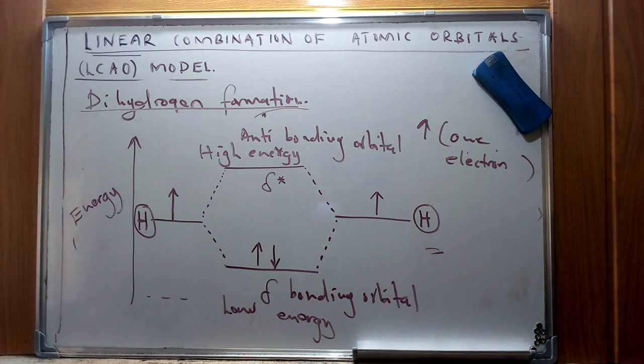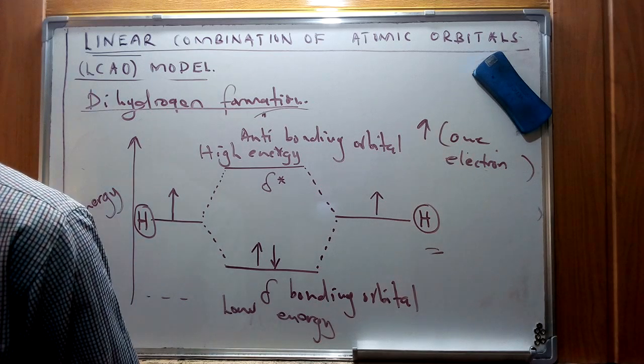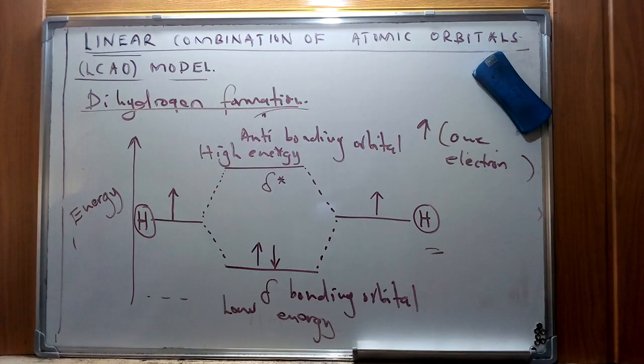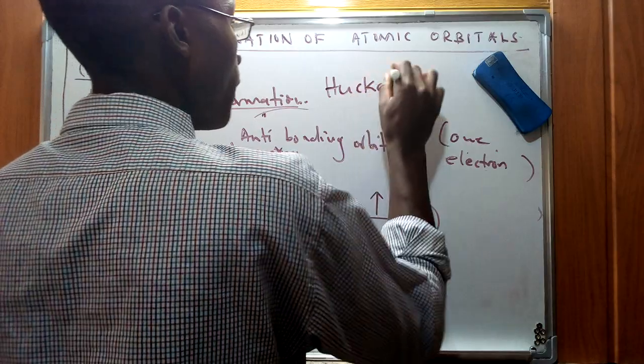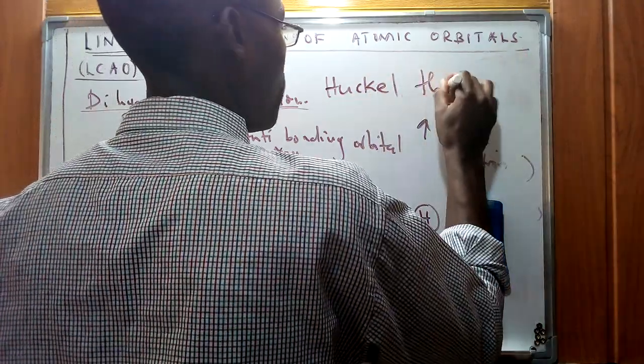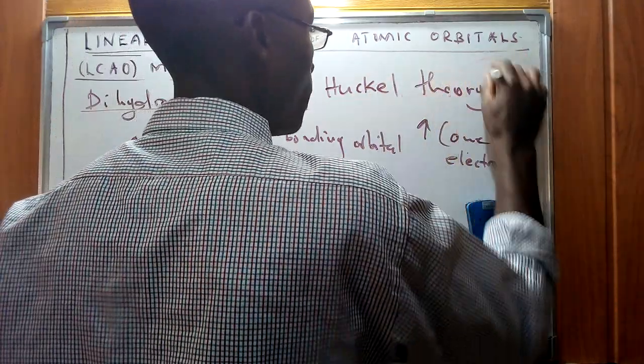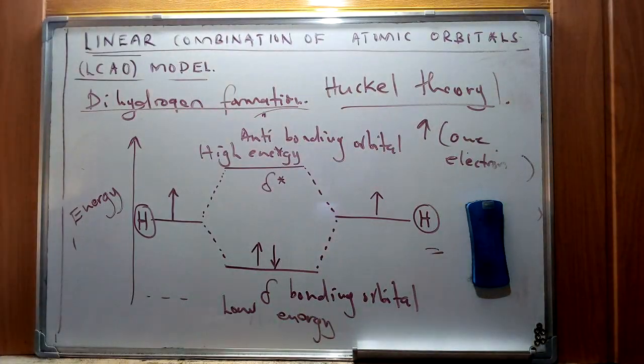In combination with other related topics, it is going to assist us in understanding other areas that we're going to encounter, especially in trying to describe Hückel's theory. This is on molecular orbitals, which we are going to see later in our discussion.